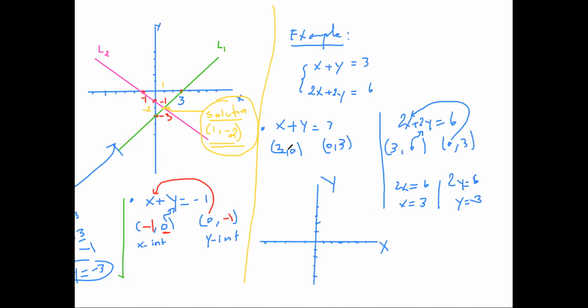Okay, so 3, 0. We're gonna start from 3 and stay over here because the y is 0. And this one, x is 0, that's here. And then where do you go? Up to 3.